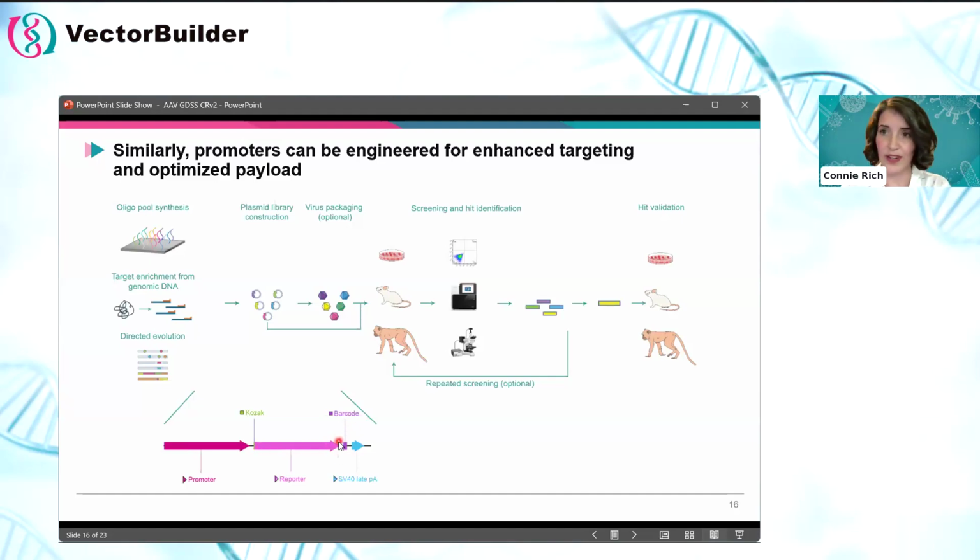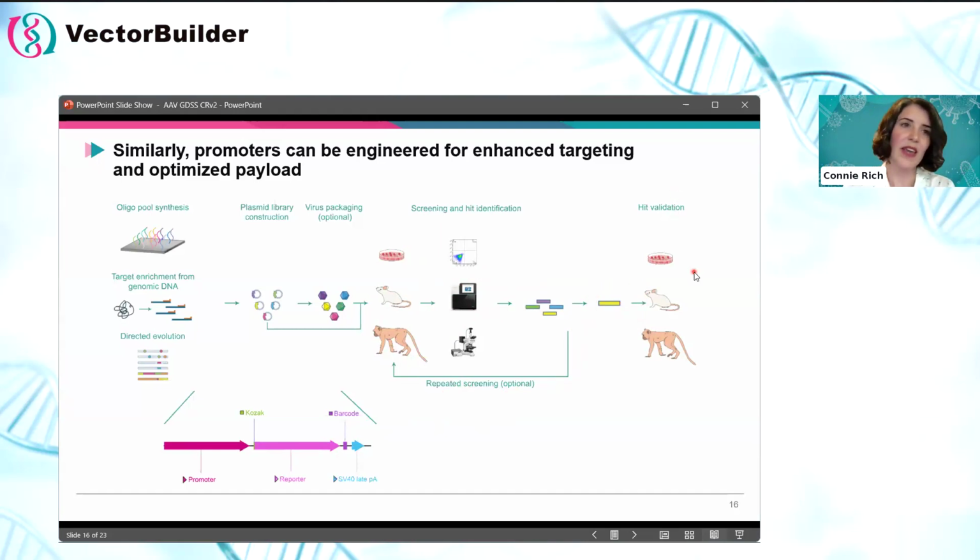You have your barcodes so that you can identify which promoters are behaving the way that you want, followed by a poly-A. And then after screening, you go through this same cyclical screening, hit identification, and further screening to hopefully narrow down that pool into a small number of candidates for validation.